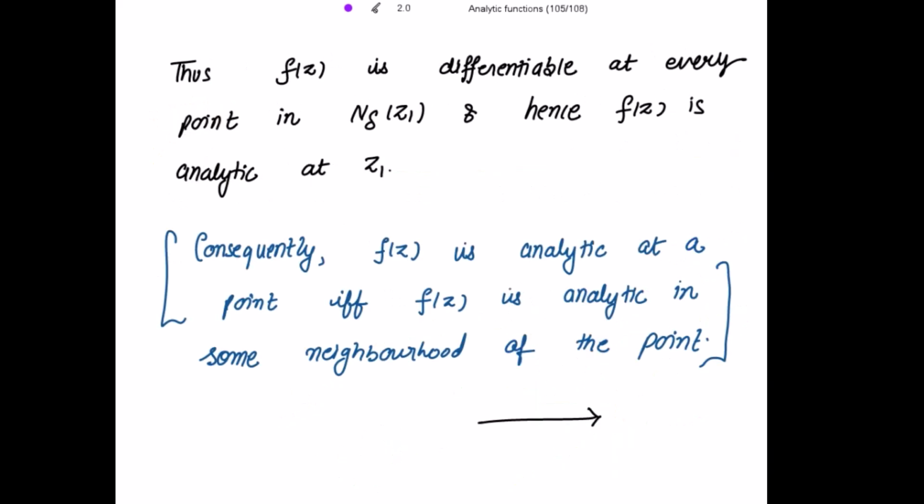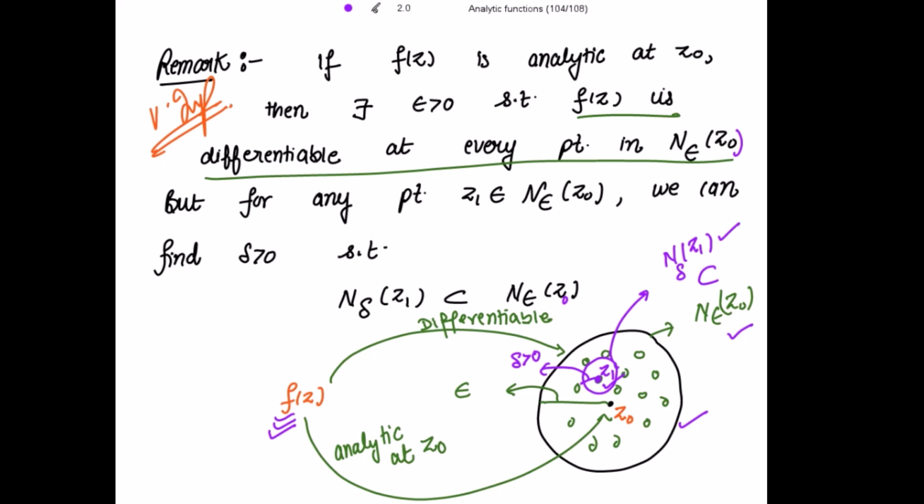So we write further that f(z) is differentiable at every point in delta neighborhood of z1, and hence we say that f(z) is analytic at z1. So the same f(z) is analytic at z1 also.